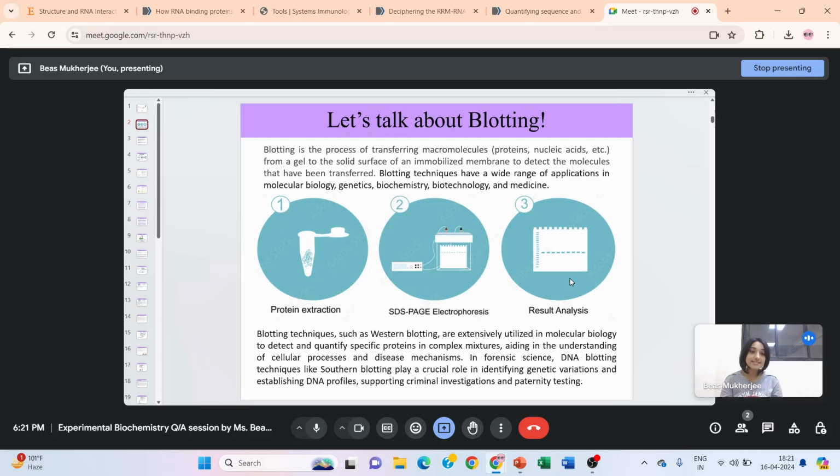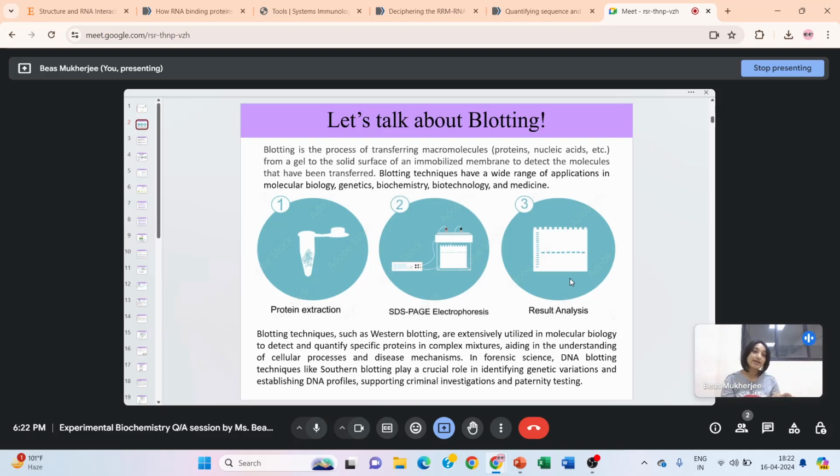In forensic science, DNA blotting techniques like Southern blotting play a crucial role in identifying genetic variations and establishing DNA profiles, supporting criminal investigations and paternity testing. If you have heard about RFLP and RAPD, you will know that Southern blotting plays a very important role in forensic investigation, to identify the specific DNA of, let's say, the criminal, or in paternity testing.